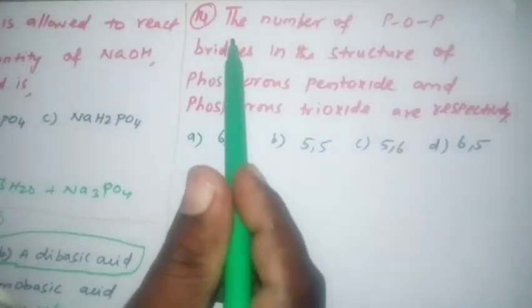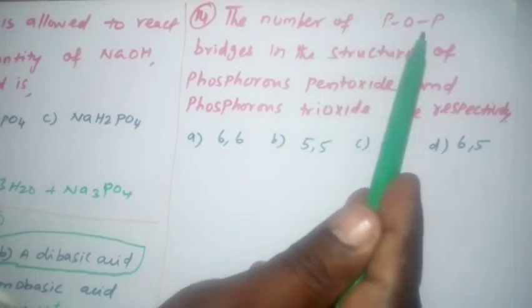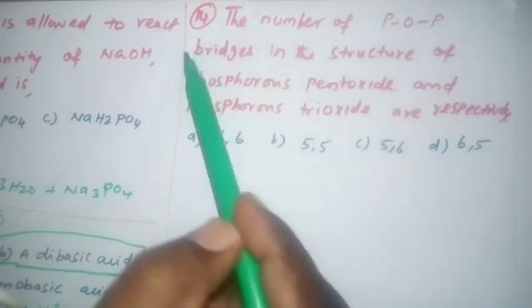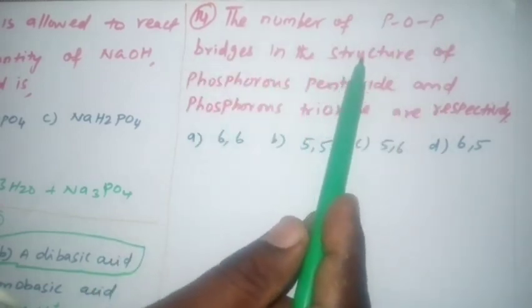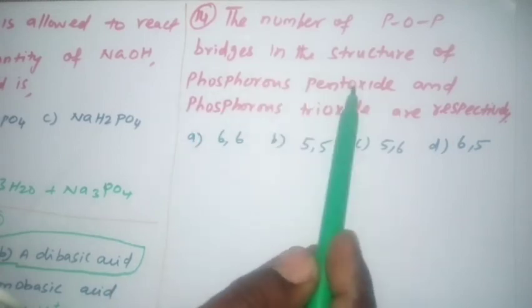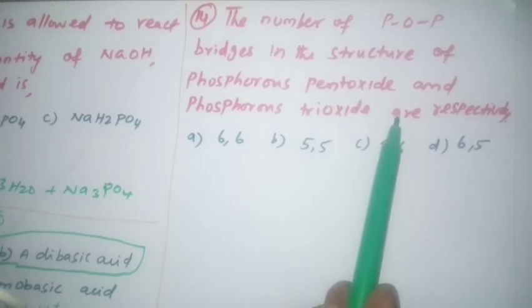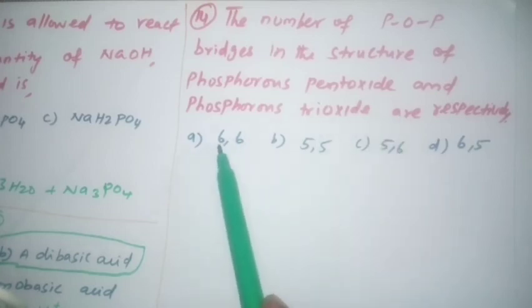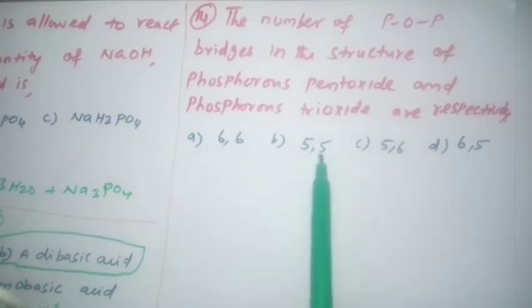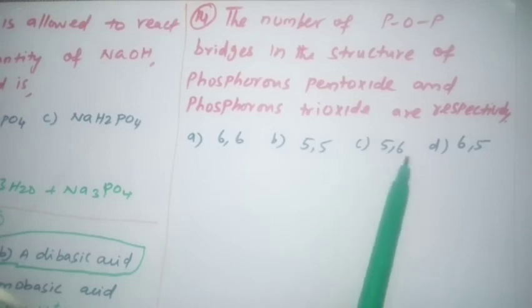So question number 14. The number of phosphorus-oxygen-phosphorus, POP, bridges in the structure of phosphorus pentoxide and phosphorus trioxide are respectively A 6, 6, B 5, 5, C 5, 6, D 6, 5.